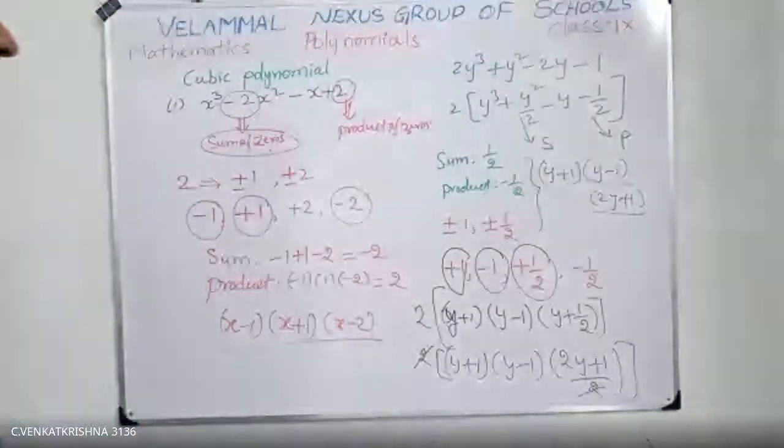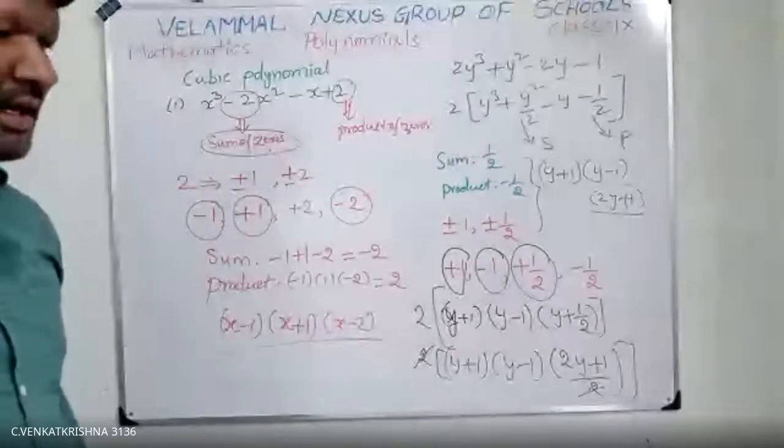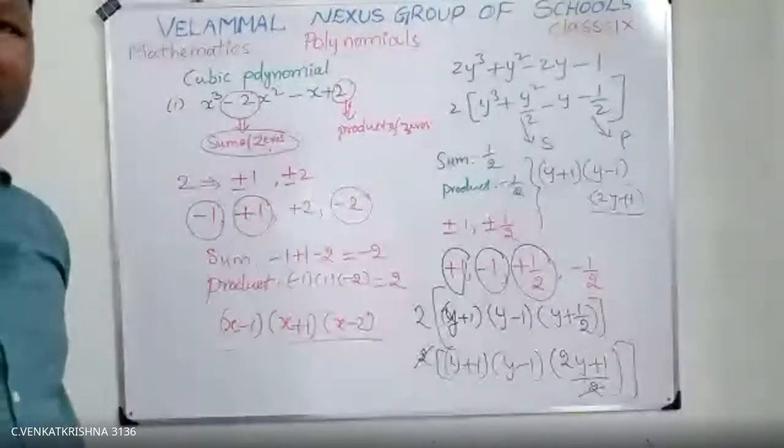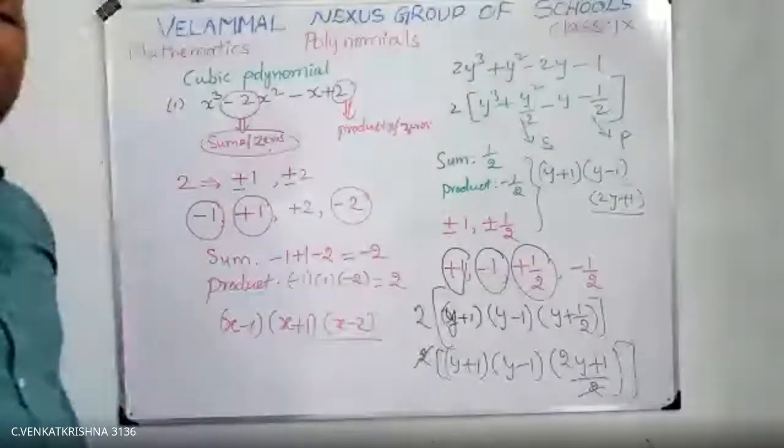In the continuation, I will explain all the identities now, and I will send one worksheet, that is 2.5. Do the first 4 questions using identities only.